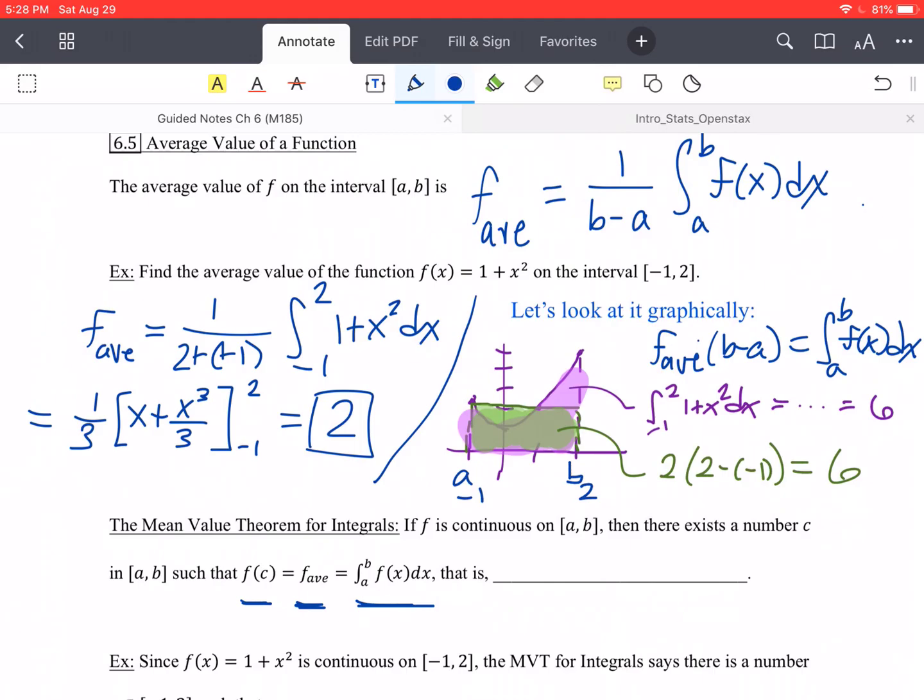So in other words, the integral from a to b of f of x dx equals f of c times b minus a.